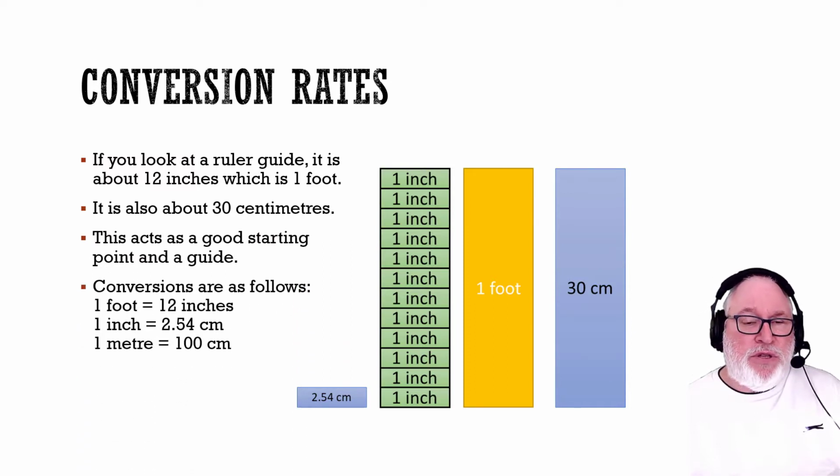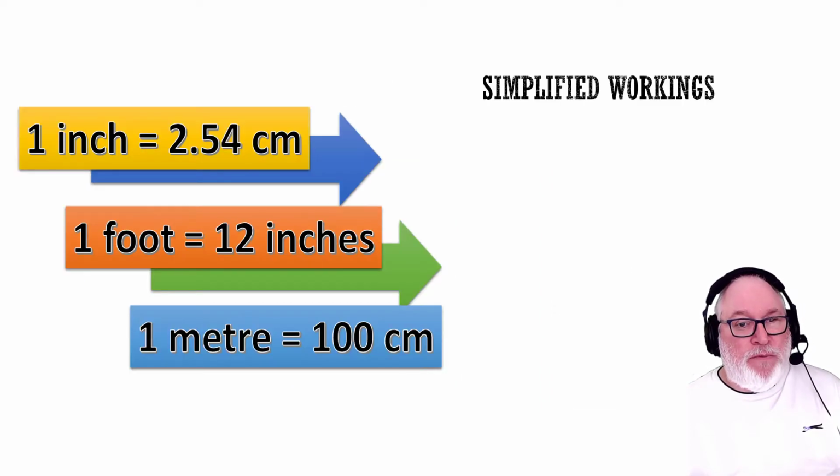And this is a good starting point. So 1 foot, 12 inches. 1 inch, as you can see there, is 2.54 centimetres. 1 metre, going a bit bigger now, is 100 centimetres.